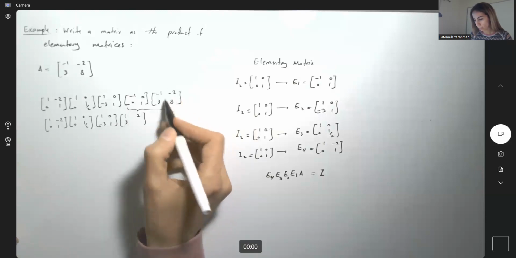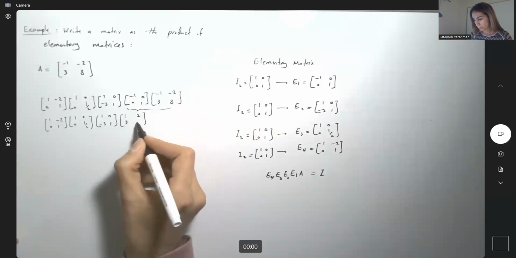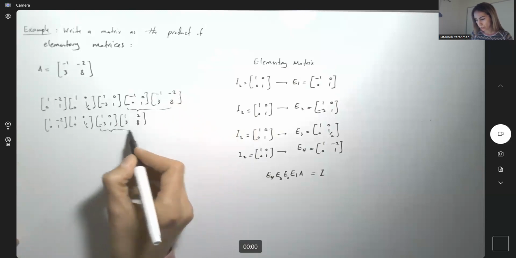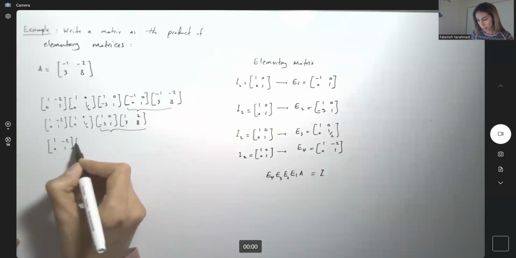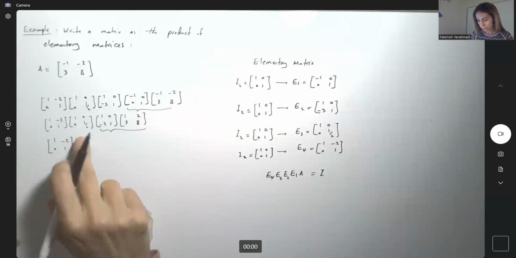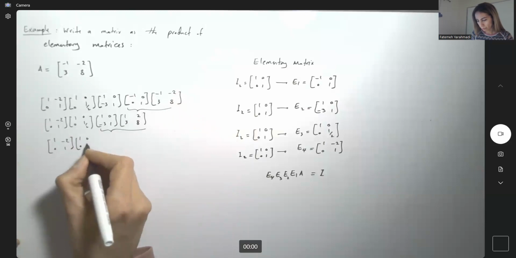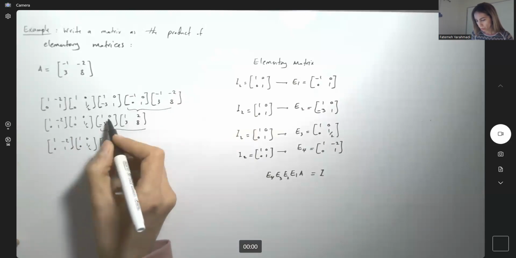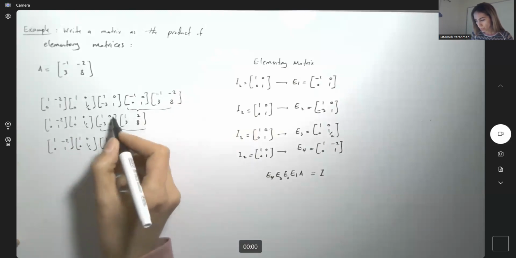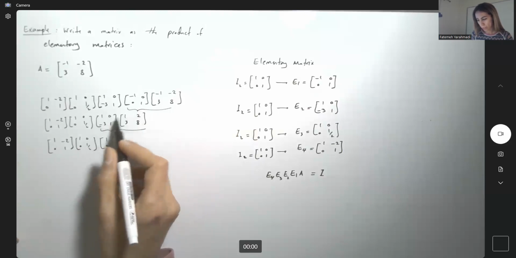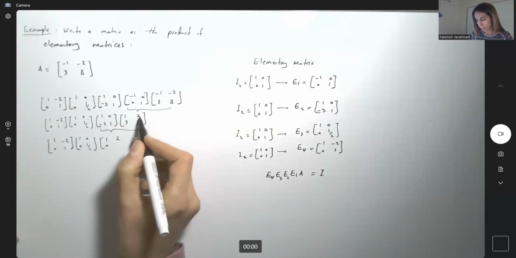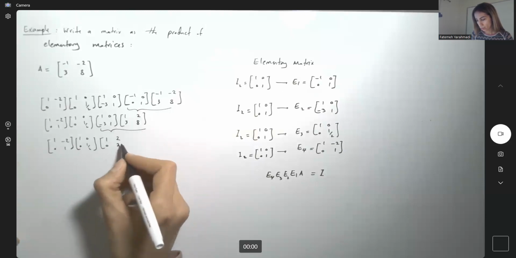And the second row multiplied by the second column, 8. Now multiply these two. We can copy these down in case we don't want to lose the information. So here the product of these two is 1, the product of these two is 2, the product of these two is 0, -3 plus 3, and here you have -6 plus 8, 2.